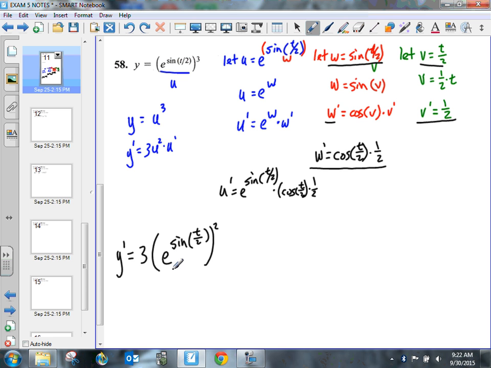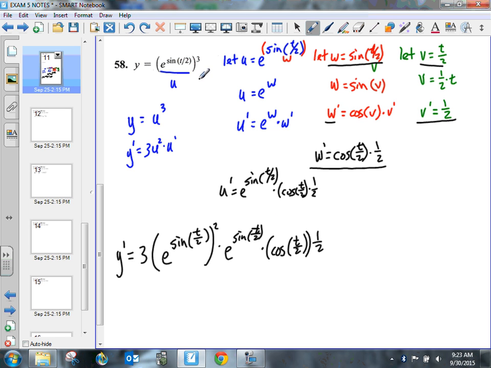So that's my u. And then I have to multiply this whole thing by u prime. Well, u prime is all this stuff, so e to the sine of t over 2 power, and then multiply that by cosine of t over 2 times 1/2.